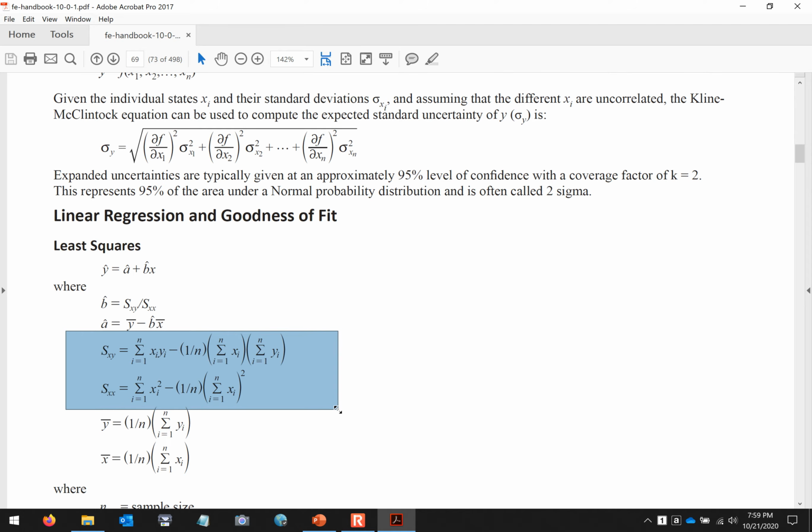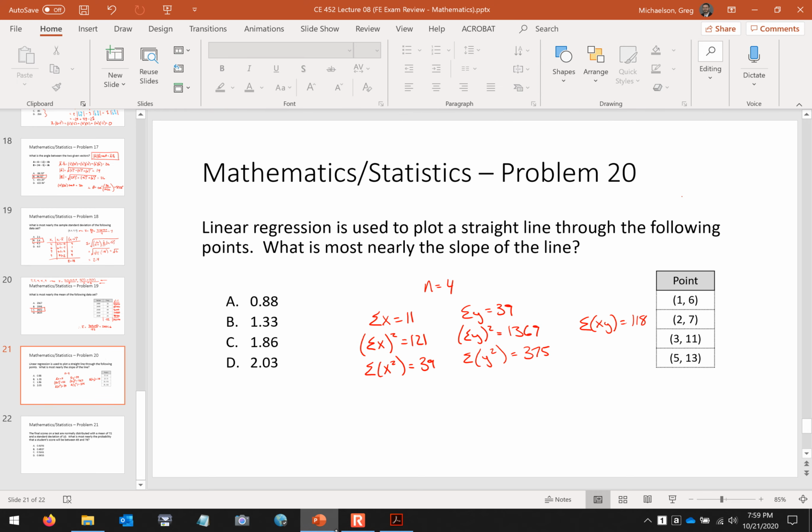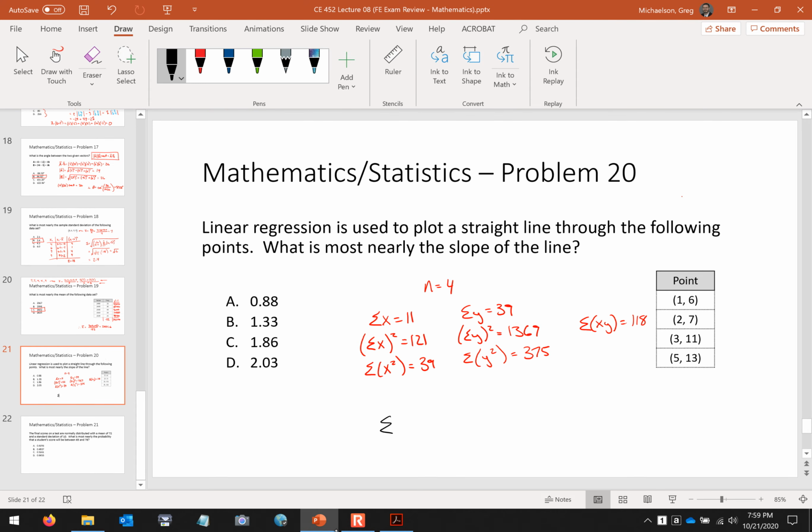Okay. So what do we got here? We've got the sum of x times y. So Sxy is the sum of xy minus 1 over n times the sum of x times the sum of y. So maybe I'll sort of write that with you. Sum of xy minus sum of x, sum of y over n. Right? Let's see.